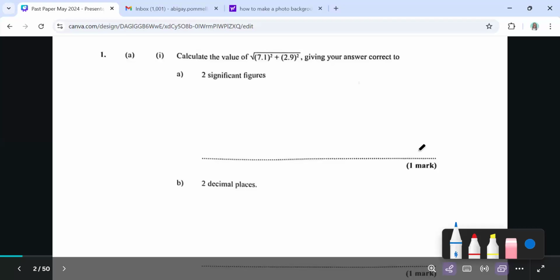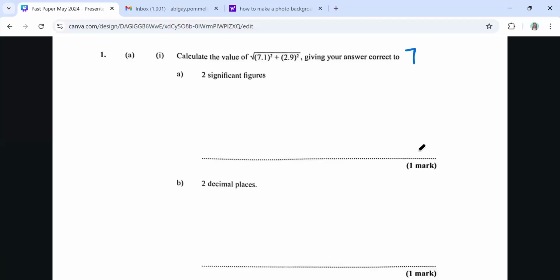So this is our answer, 7.6694, and it continues. What they're asking us right here is for two significant figures, and we know that 7 and 6 is two significant figures. 7 point, and when we round off, it's going to be 7.7.